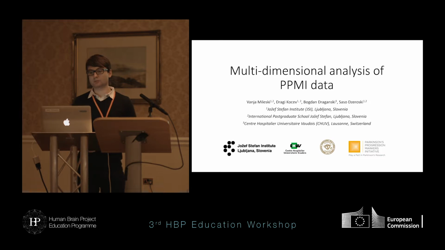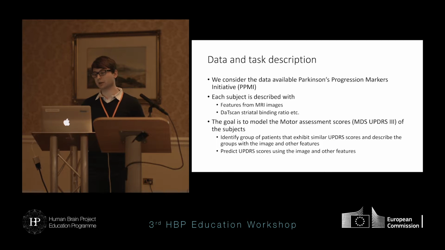So I use data provided by them, and the goal is to predict multiple motor assessment scores of the patients and try to describe them using data from MRIs, fMRI scans, and also DaT scans. So using data mining techniques, we are trying to describe 35 motor assessment scores.